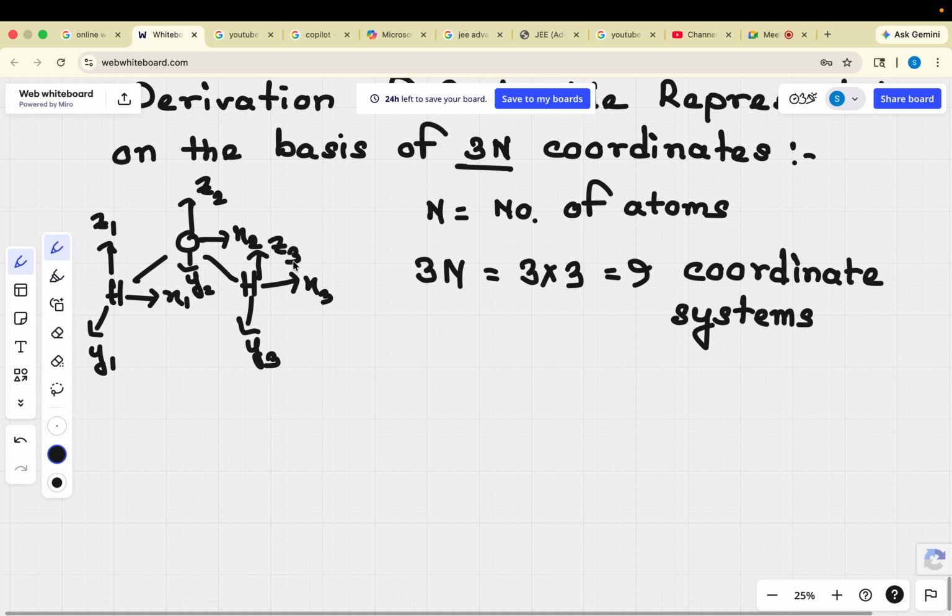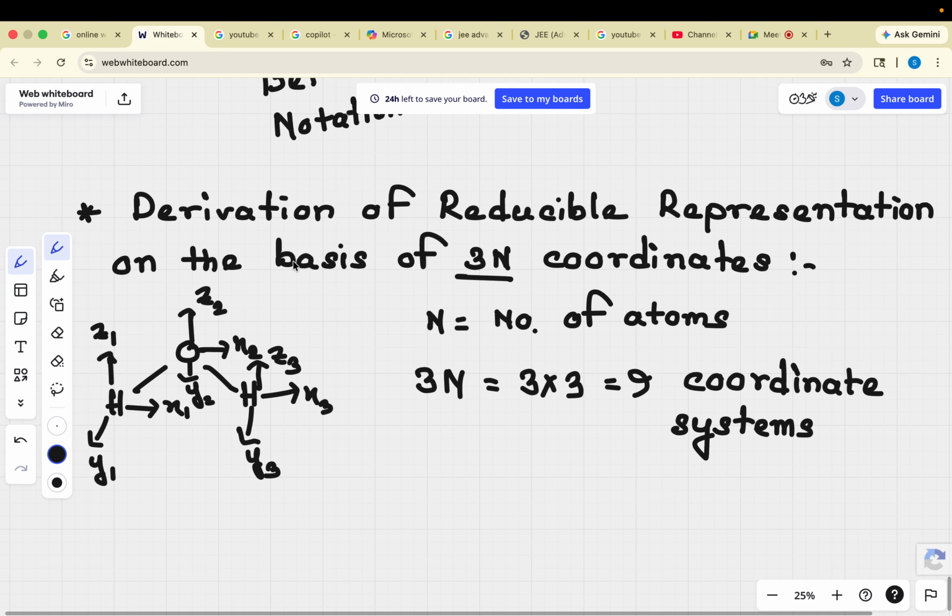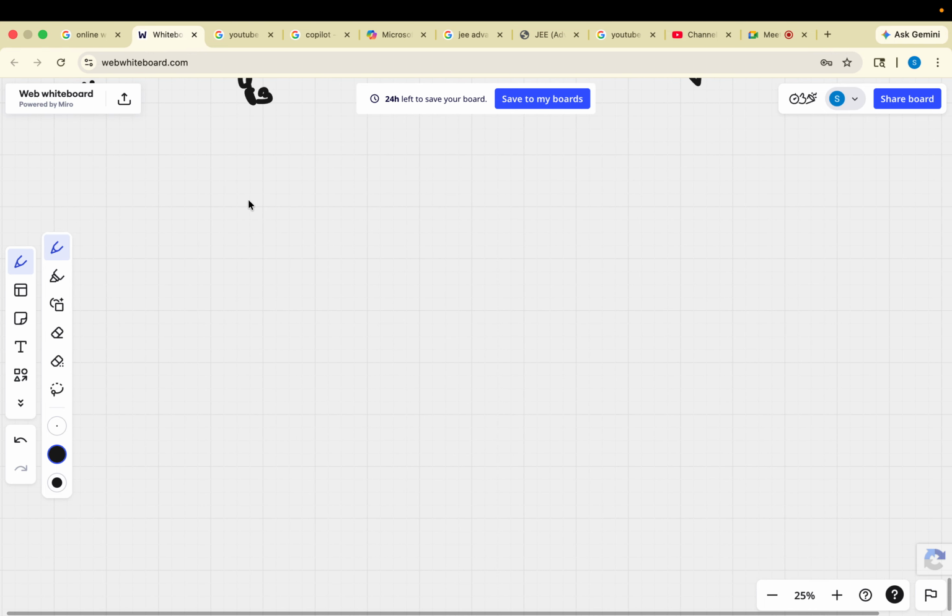Now here what we have to do, we have to do it for each and every atom. So for the water molecule, you already know what symmetry elements are present. We will operate those on each and every atom. So first of all we are operating the identical operator. I am writing here x1 y1 z1, this is for the first hydrogen atom.